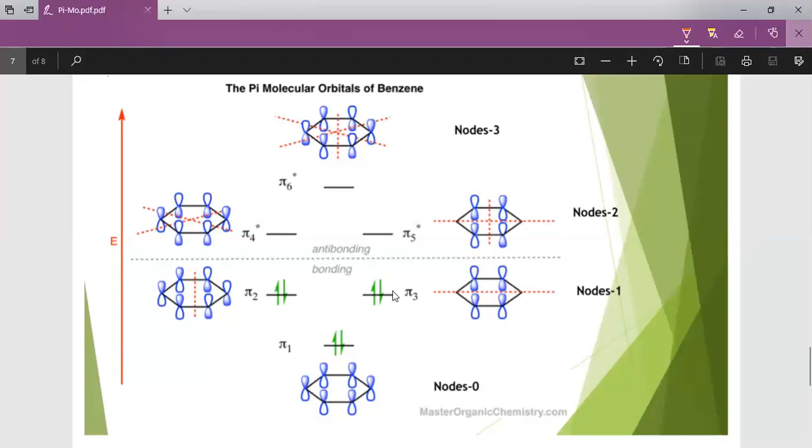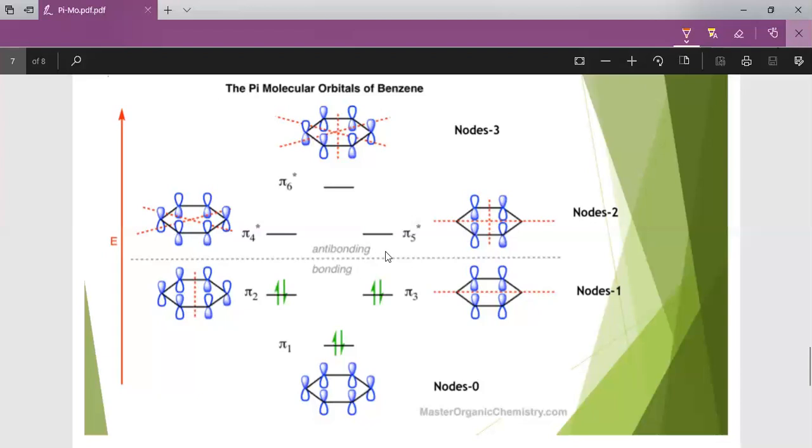So these are known as the highest occupied molecular orbital. Whereas moving on to the anti-bonding molecular orbitals, compared to Ψ6, Ψ4 and Ψ5 belong to the lowest energy level, and here we are not going to see any electrons. Hence these are known as LUMO, that means lowest unoccupied molecular orbital. So this is the thing with benzene.